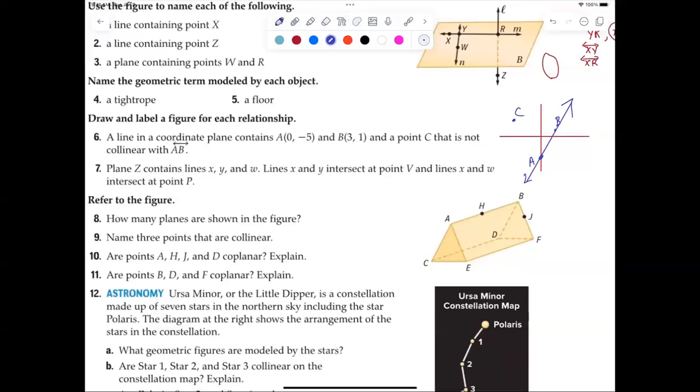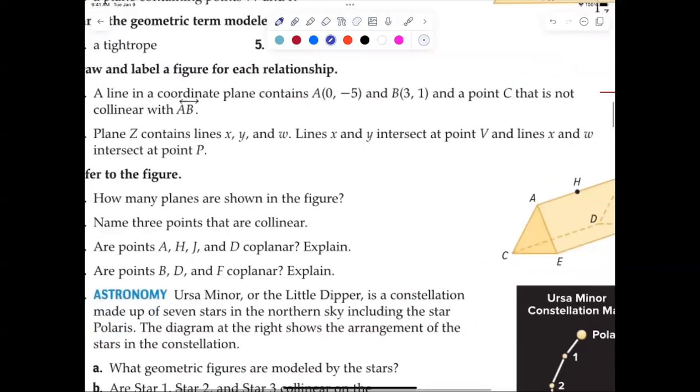Now we're going to try to draw plane Z contains lines X, Y, and W. Lines X, Y intersect at V, and lines X and W intersect at P. When you draw a plane, generally you draw a parallelogram. This is what they want.